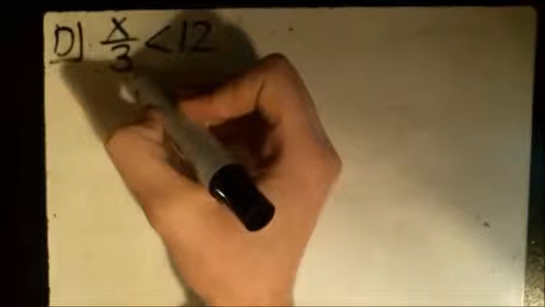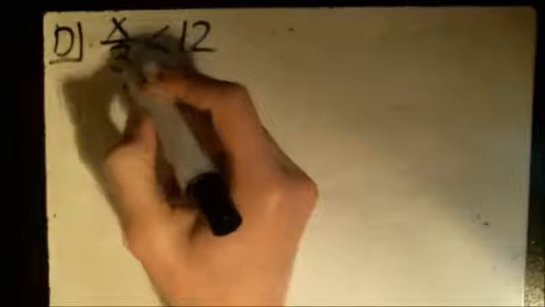So d, we got x over 3 is less than 12. Remember, when you have x over something, this middle line in a fraction means division. So in order to get rid of division, you have to multiply.